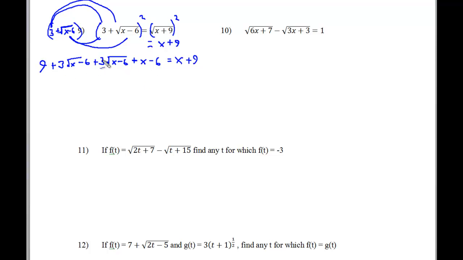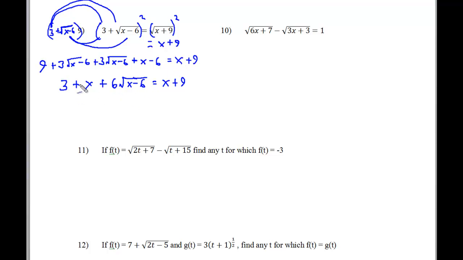What I'm going to have to do now is take this side and simplify it. So 9 minus 6 is going to be 3, plus x, and then here I've got 3 square root of x minus 6 plus 3 square root of x minus 6, which makes 6 square root of x minus 6. And that's equal to x plus 9 on the other side.